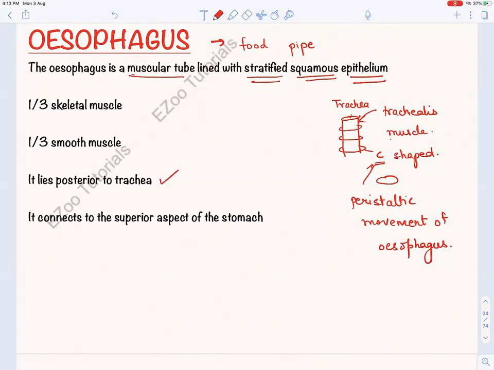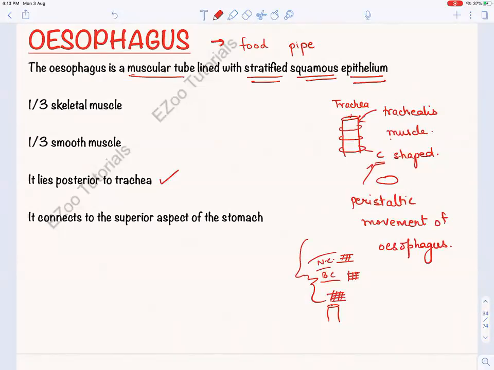We just revised it. Remember, when we were doing the pharynx, I drew this structure: this was the nasopharynx, where the nasal cavity was ending, and this was the oropharynx, where the buccal cavity was ending, and then here I drew the laryngopharynx, right?